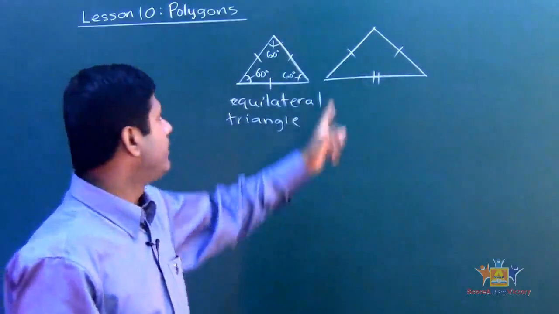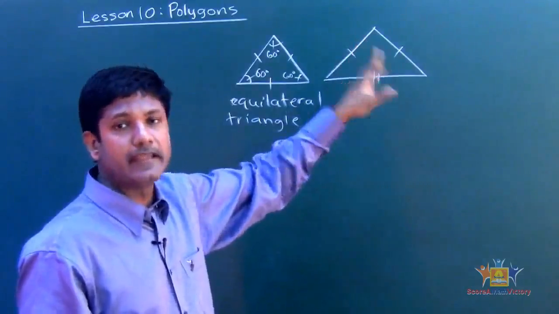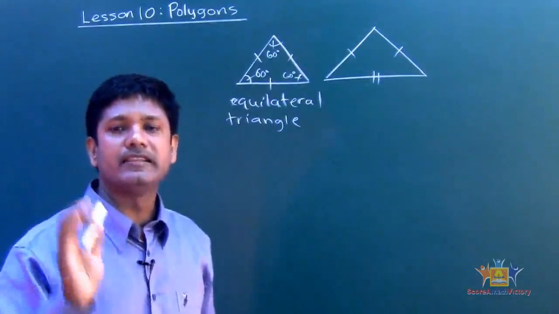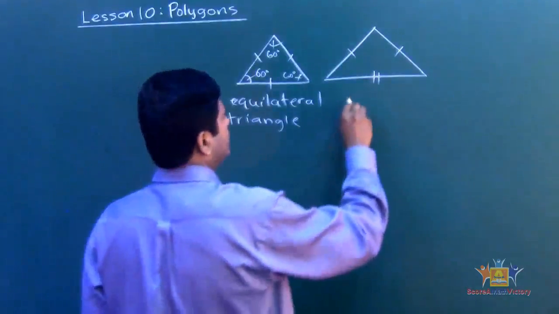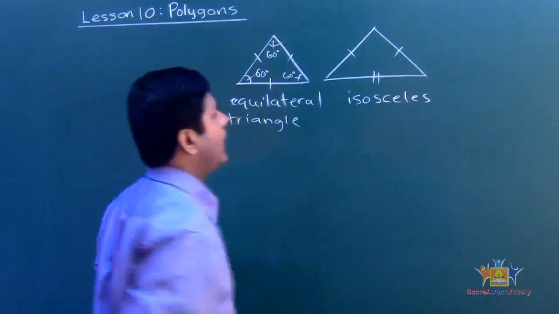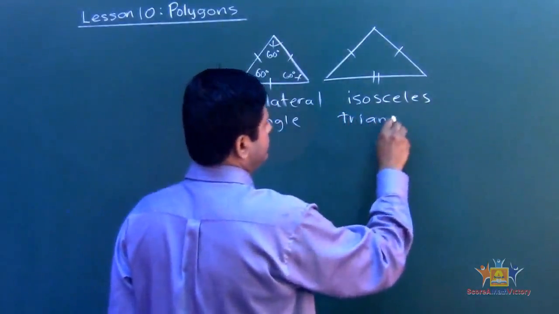Doesn't matter. But the key is, with a triangle where 2 sides are equal, I put 2 lines like that, and that is called isosceles. Isosceles triangle.